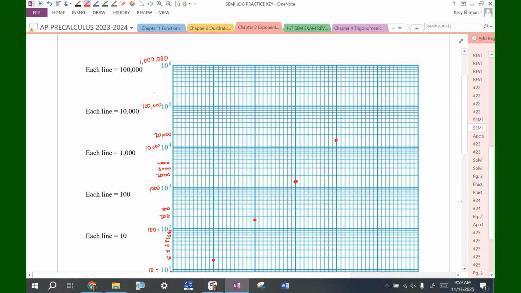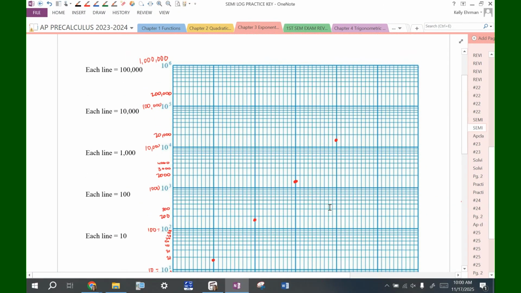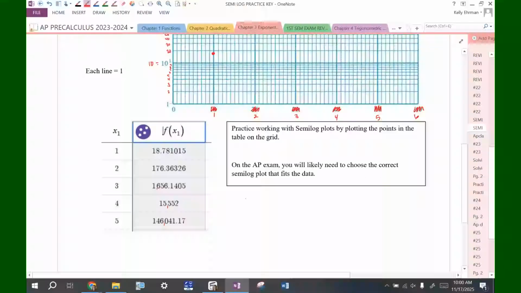Each line goes up by 100,000, so from 100,000, the next line is 200,000. I'm trying to plot 146,000. Now I'm going to make up some points just to plot something else. They don't necessarily have to do with this relationship.